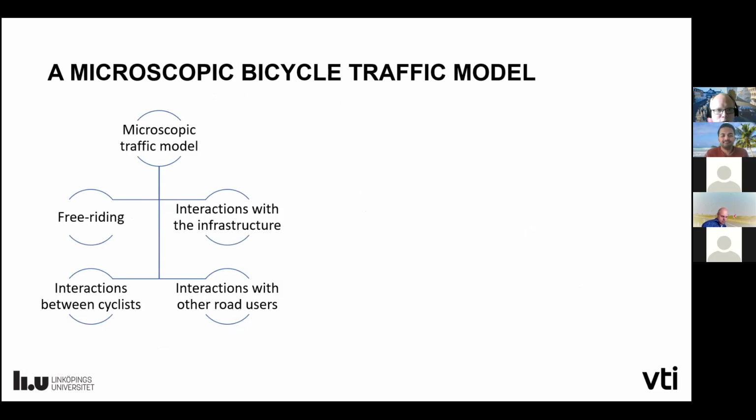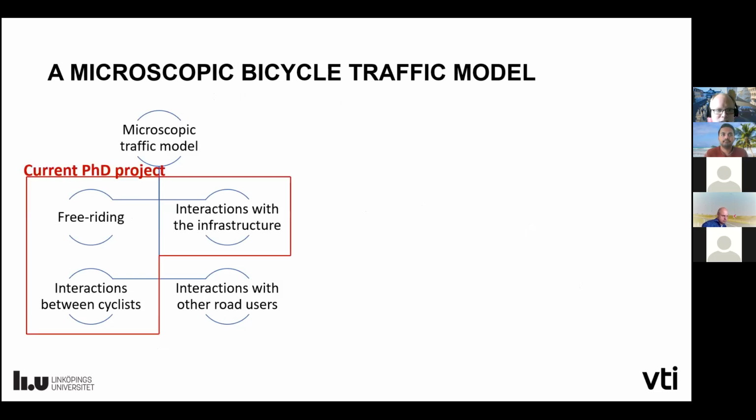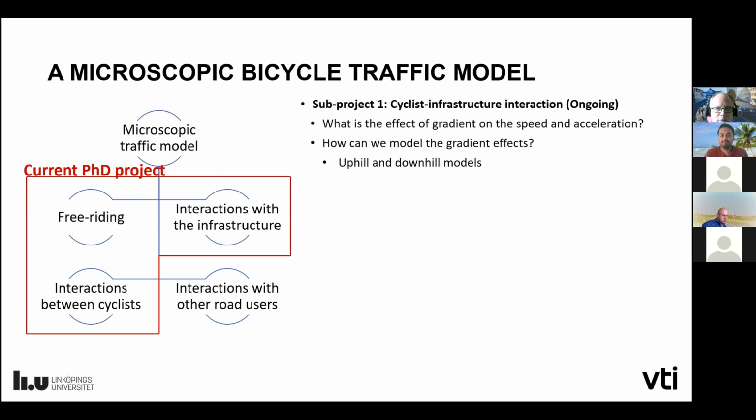And it's impossible to do all this in one PhD, so we started with a project where we focus on the first parts here, the free riding, cyclist interaction with each other, and the interaction with the infrastructure. So kind of waiting with intersections and interactions with other road users.